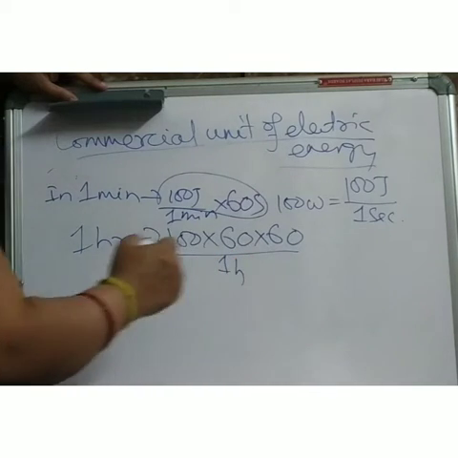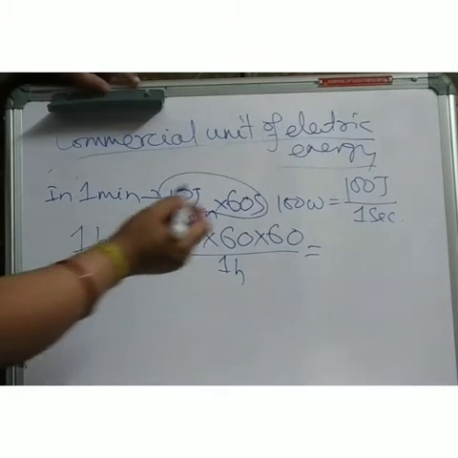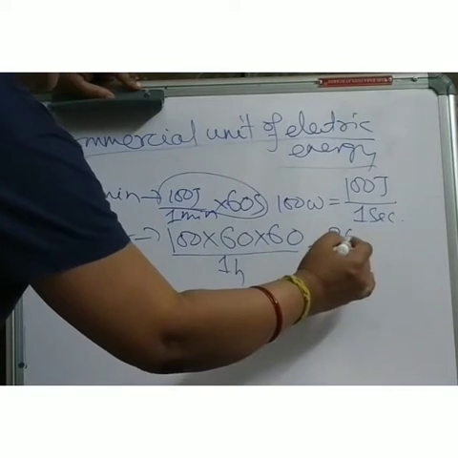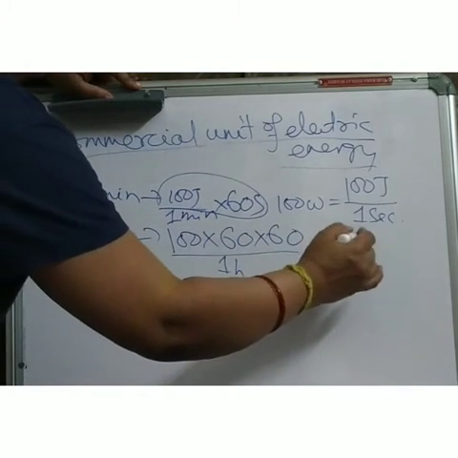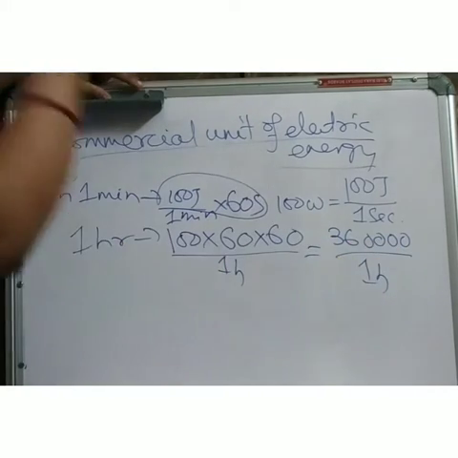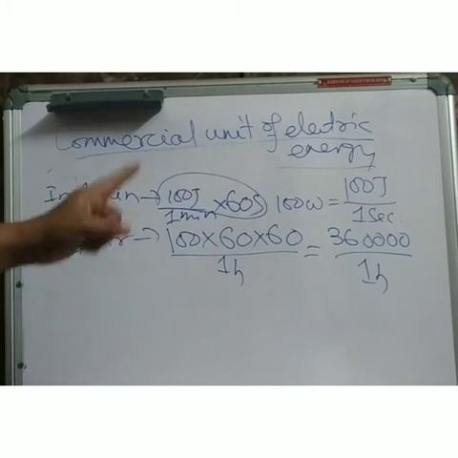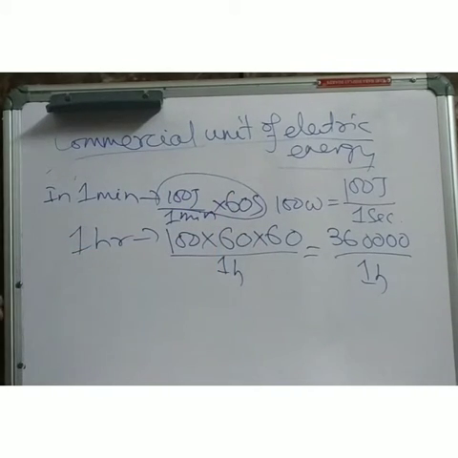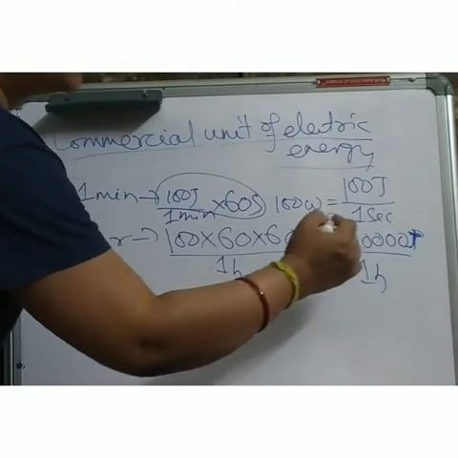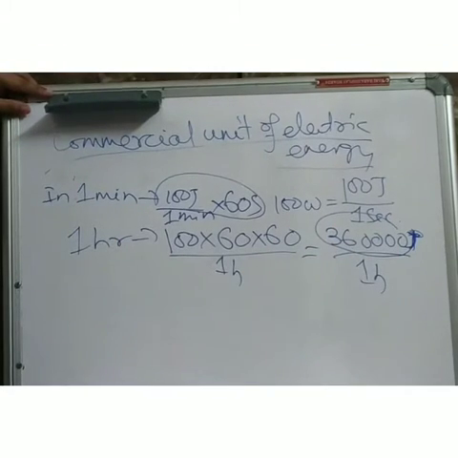So that is 36 followed by 4 zeros, which is 360000 joules in 1 hour. So this is your 100 watt bulb. If you use a 100 watt bulb for 1 hour, it will consume this much energy. Is it clear?